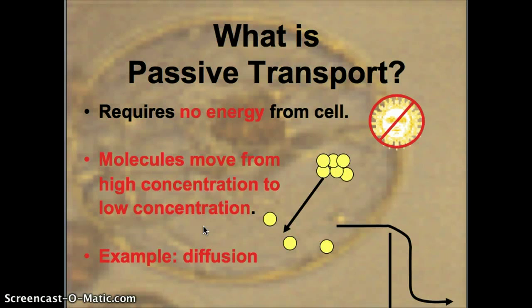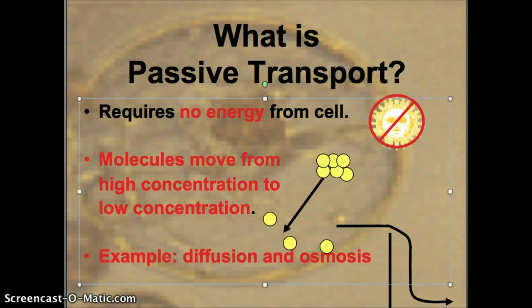Okay, so what that means is you're going to have a whole lot of things in one area, and they're going to disperse out among the cell, okay, until they equal out or reach equilibrium. An example of this would be diffusion, also osmosis. Now you don't actually need to write down anything about diffusion or osmosis yet. Save that for a second.